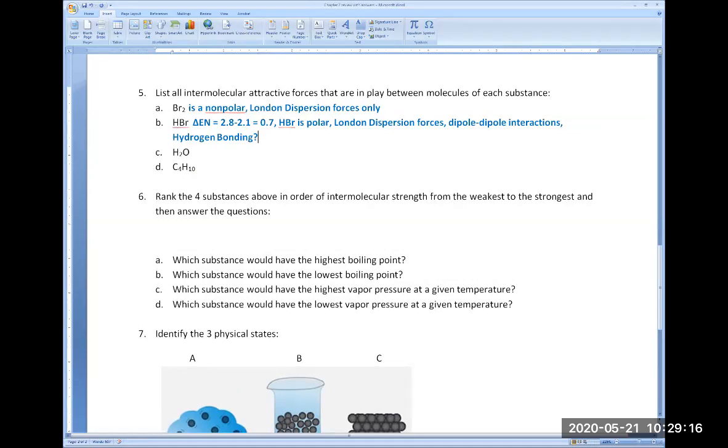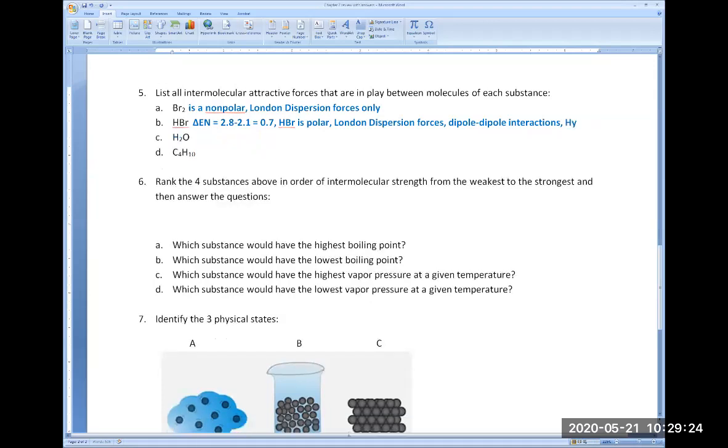And we don't have hydrogen bonded to any of these. Instead it's bonded to bromine. So you cannot have hydrogen bonding. So no hydrogen bonding. You stop there, right? So that's for HBr.